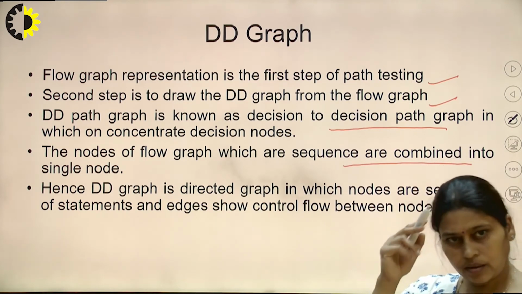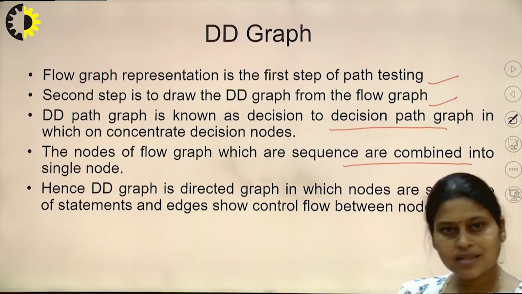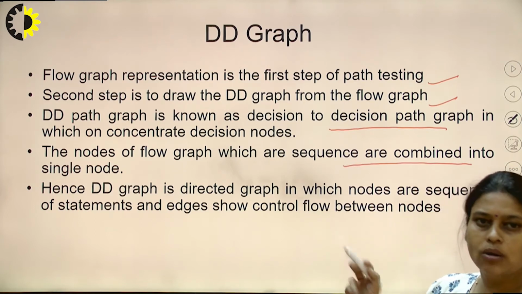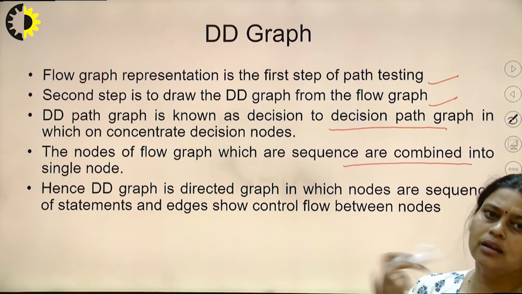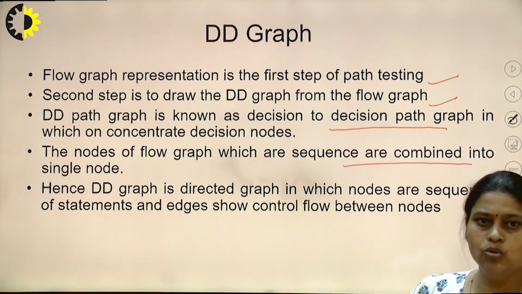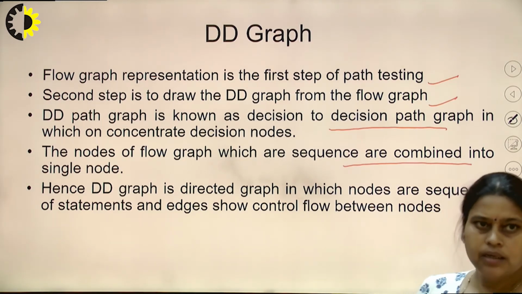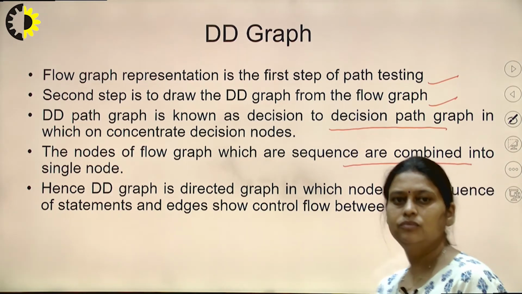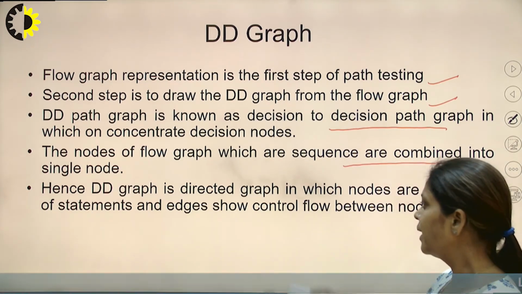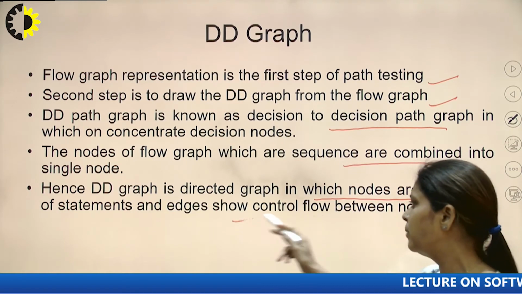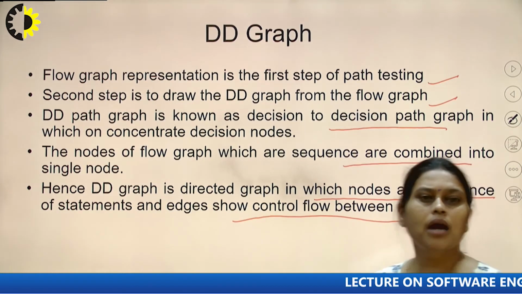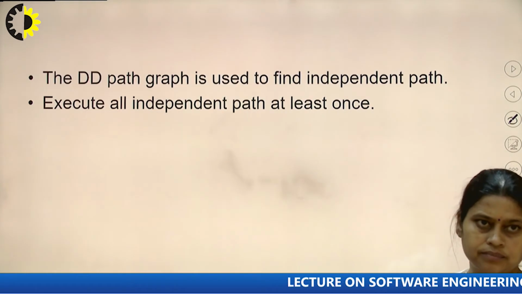Till the time we have a sequence of nodes, we combine all these nodes into a single node, and where the decision starts, we start a decision-making node. Hence the DD graph is a directed graph whose nodes are sequences of statements, and edges show the control flow between two nodes.